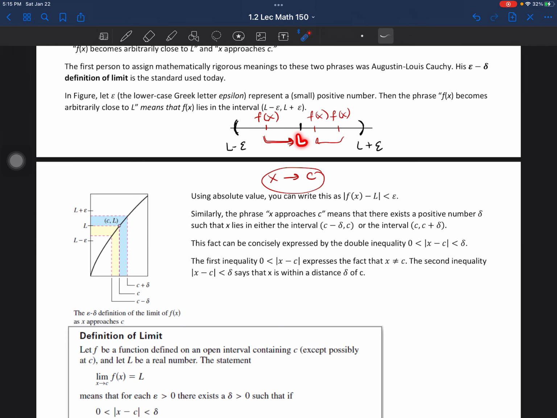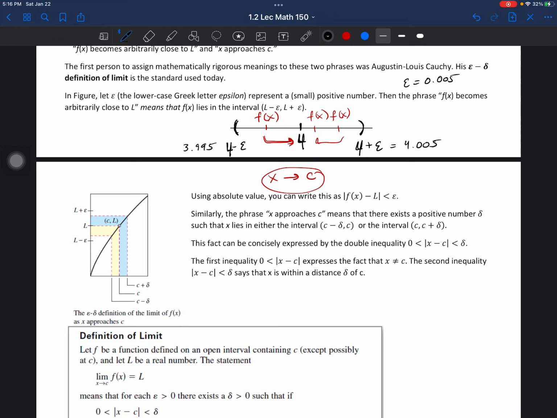So L is like a number like 4. If I said this is 4, and then we have 4 minus epsilon, or 4 plus epsilon. And if I said that epsilon is 0.005, then what we have here is 4.005, and here we have 3.995.